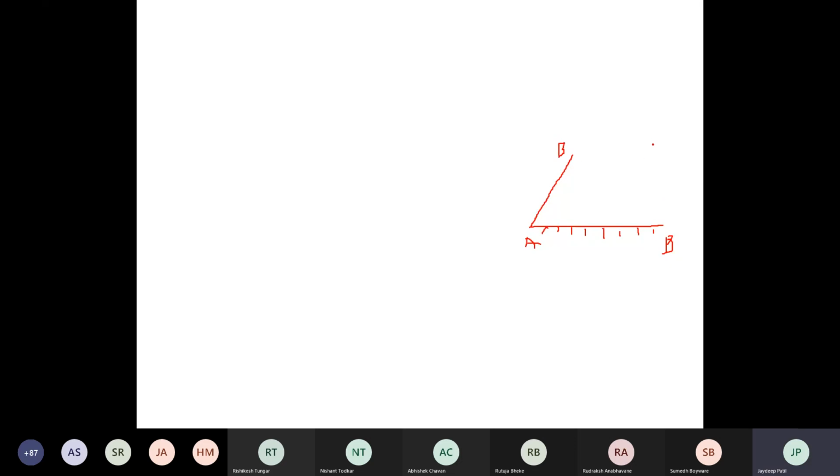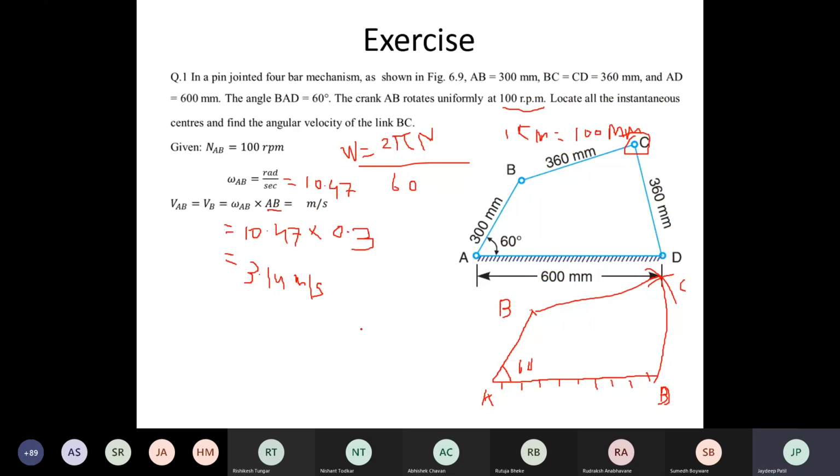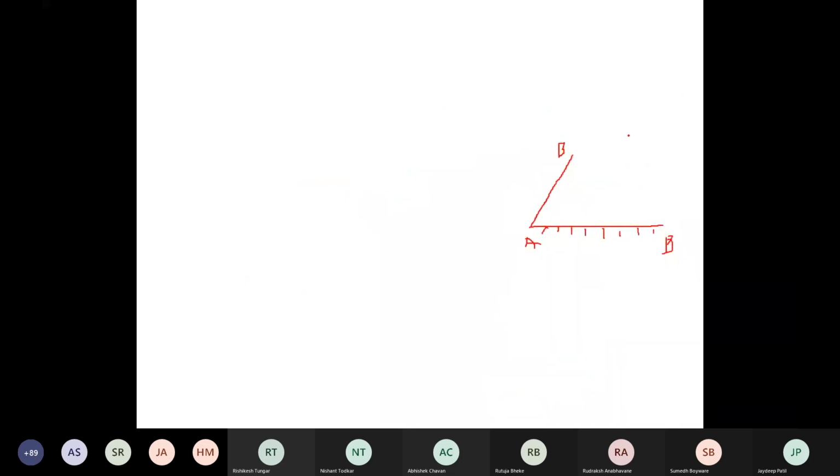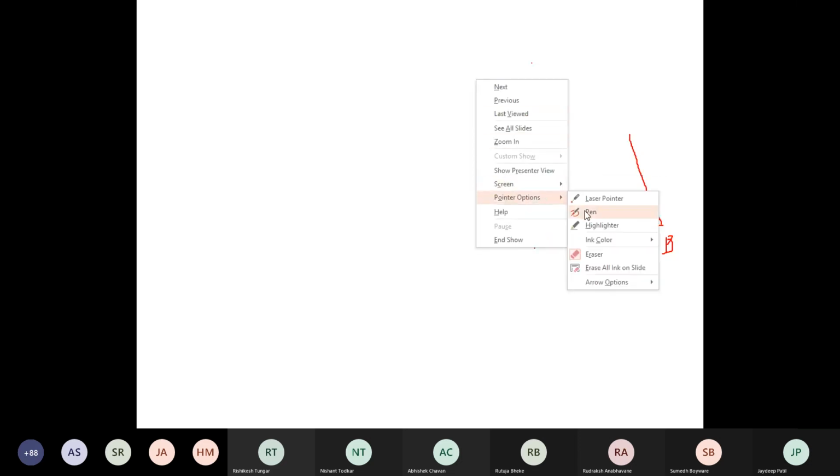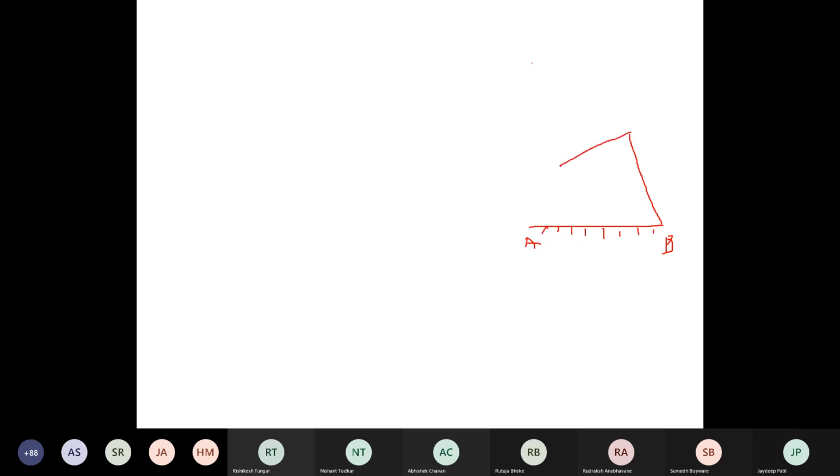Now next, you have to draw, now this is the B and this is the C. Got it? Okay.